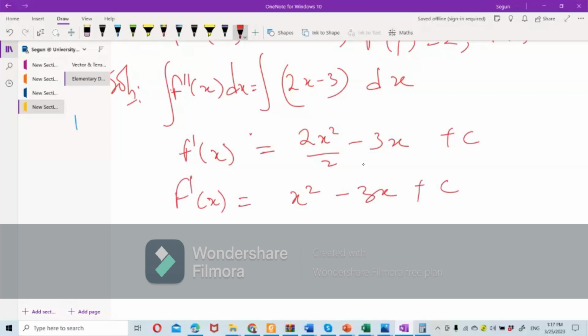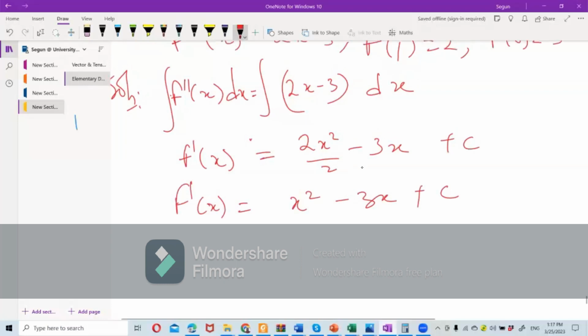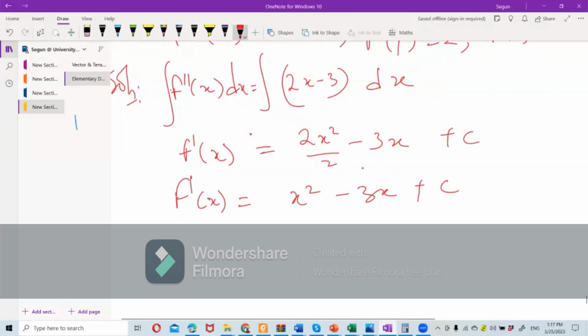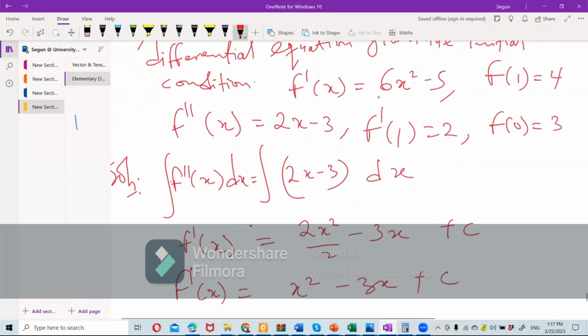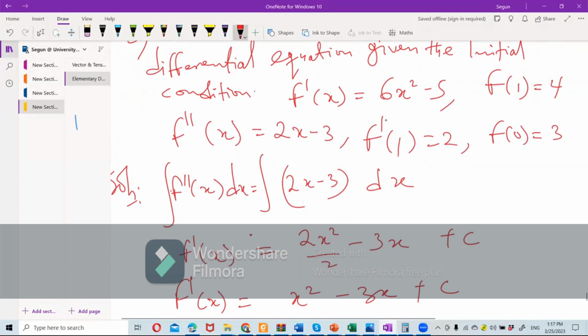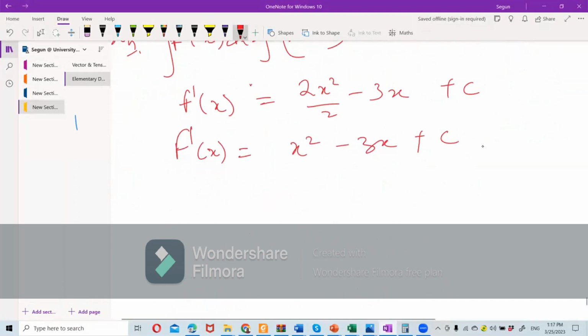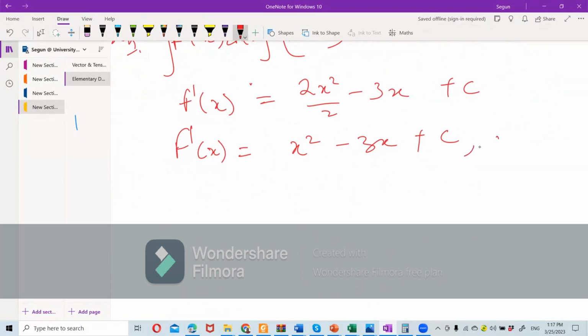Let's go back to our condition. We need to get the c now. The first condition says f prime of 1 is equal to 2. So it simply means f prime of 1 equals 2, meaning this expression equals 2 when x is equal to 1.